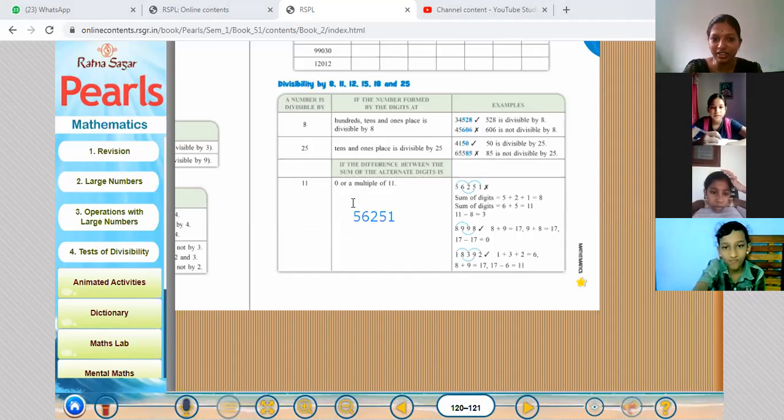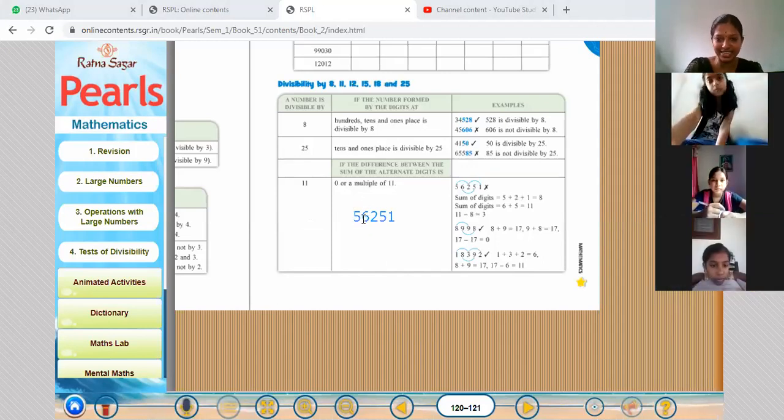Look here. The first digit is 5 and the second digit is 6. So 5 and 6 are digits which are close together. Now look at 5 and 2.